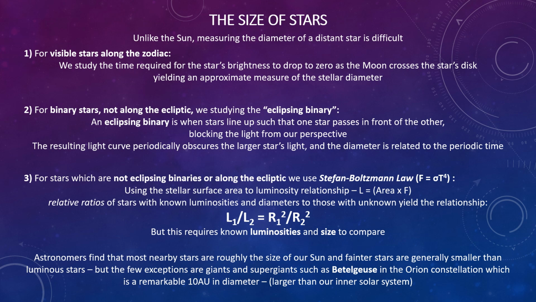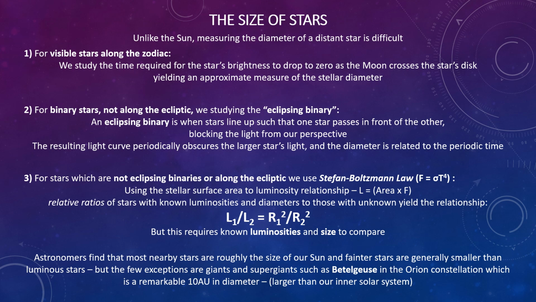And so we can use relative ratios of stars with known luminosities and diameters to find the unknowns in the relationship that we have below with the luminosity and the radii. However, this requires known luminosities and sizes to compare to.